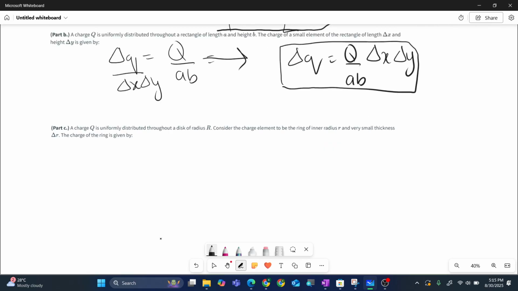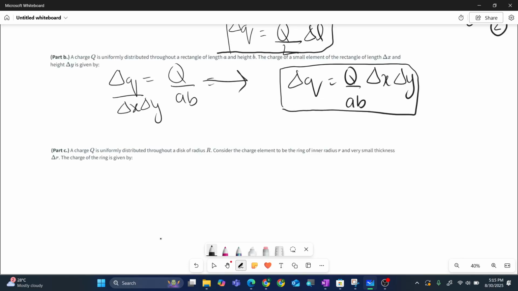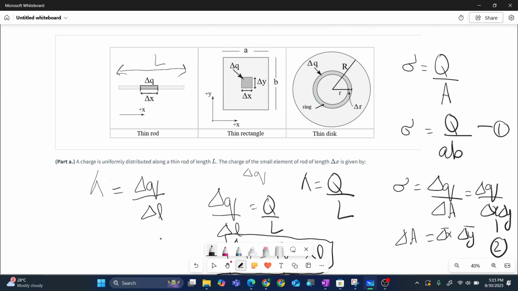Now let's talk about the final part. A charge Q is uniformly distributed throughout a disk of radius R. Consider the charge element to be a ring of inner radius small r and a very small thickness delta r. The charge of the ring is given by... so we have a thin disk here, and we need to find this delta Q of this small ring with the inner radius r and the thickness delta r.